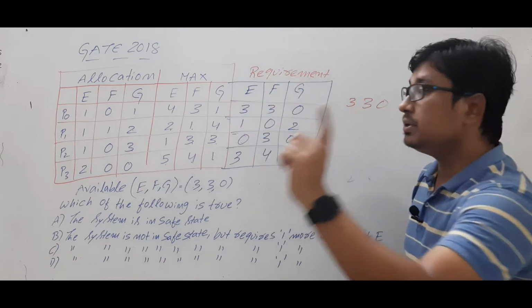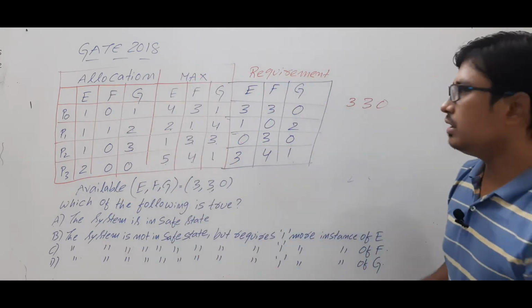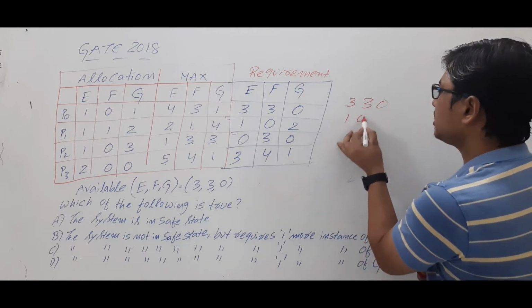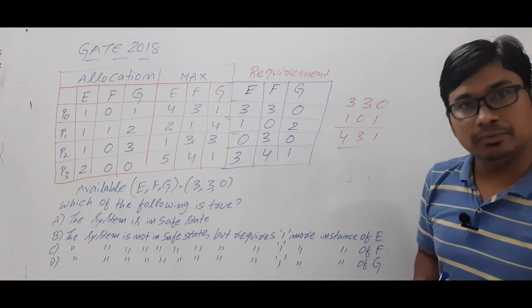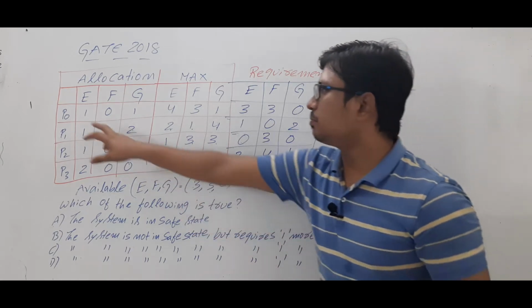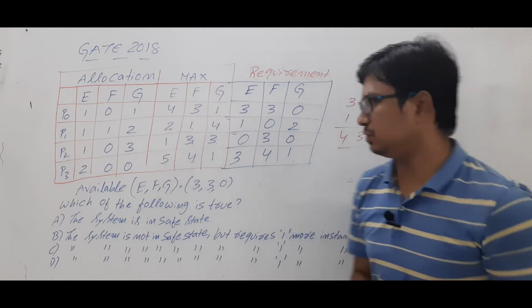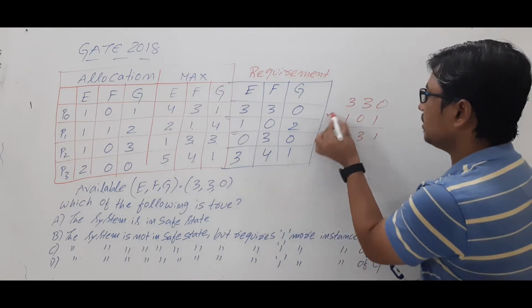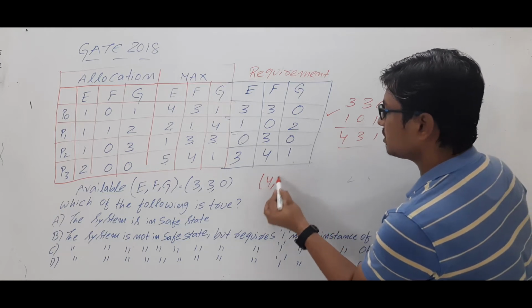The allocation will be 4, 3, 1. Am I right? So if it completes that one, we will have 4, 3, 1 availability. Am I right? Because once the P0 completes its task, it will release all the allocated resources. So P0 is completed and the current availability is 4, 3, 1.